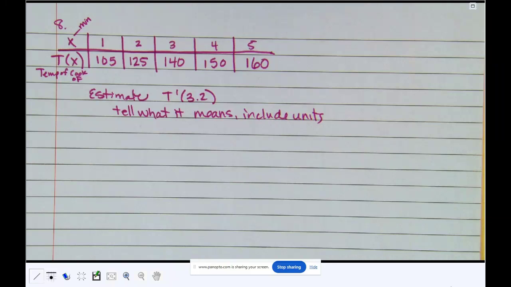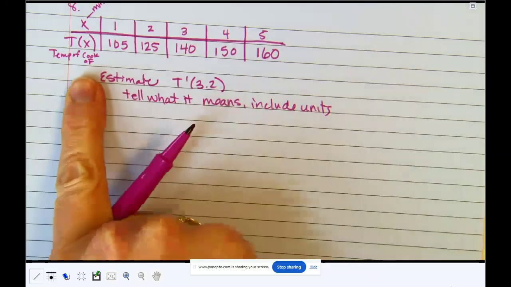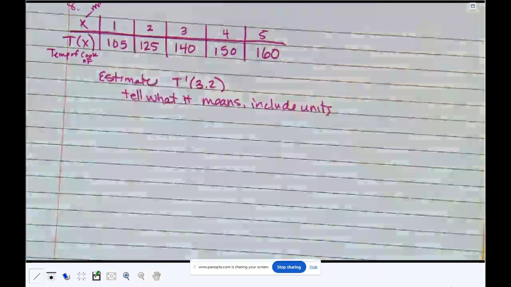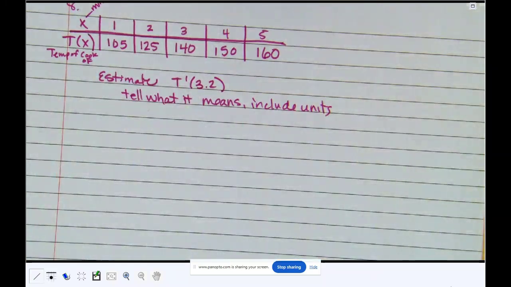Shouldn't that be? No, that's right. That's just too simple. Is it just that number now? Well, no, you gotta. That's T prime of 3.2. What degrees is this in, Celsius or Fahrenheit? Fahrenheit. Is this the at thing? Is it the what thing? At.